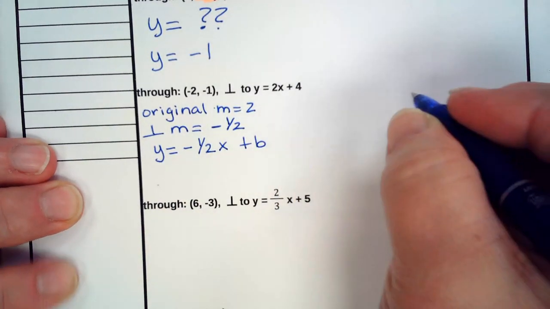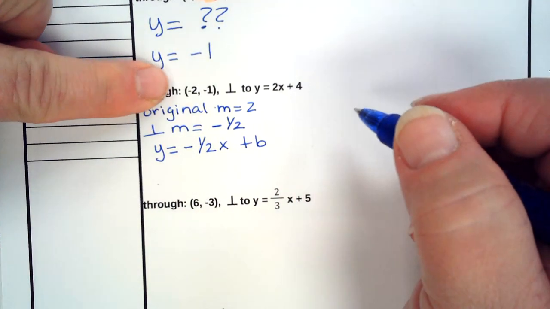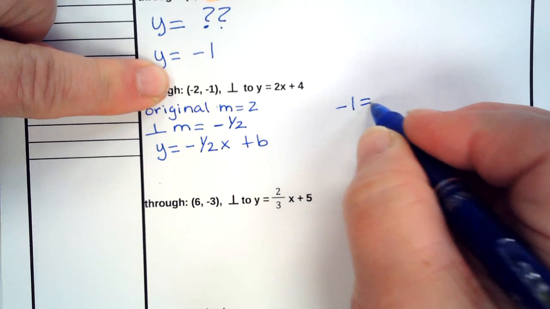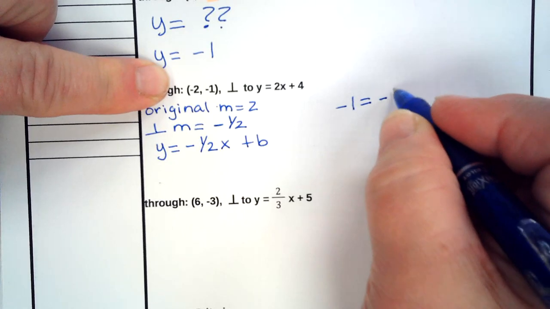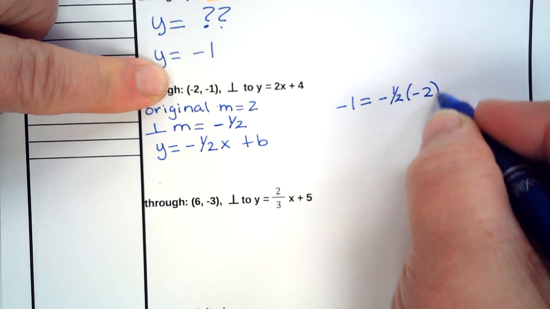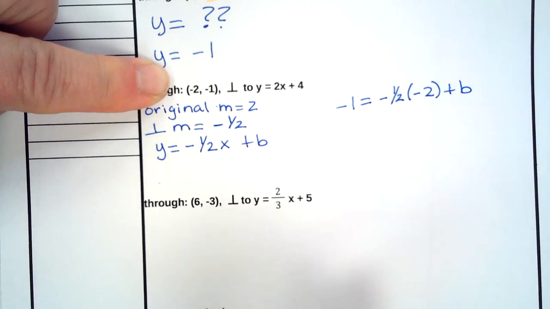Here's my x and y. Negative 1 is equal to negative 1/2 times negative 2 plus b.